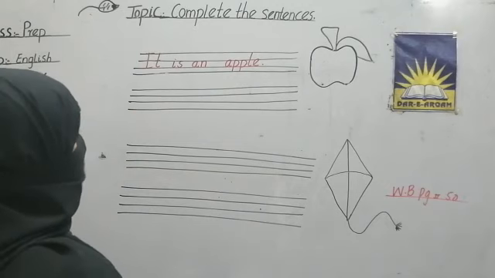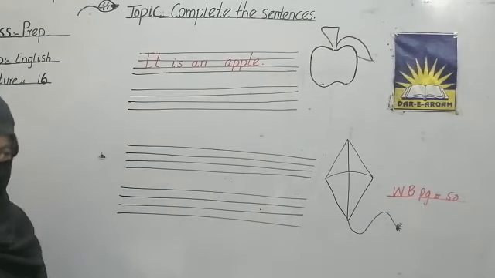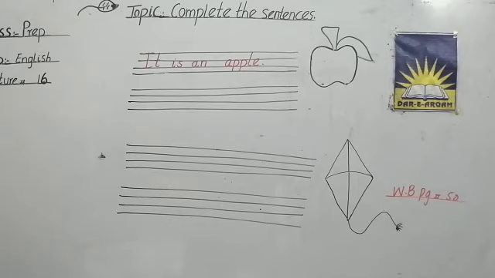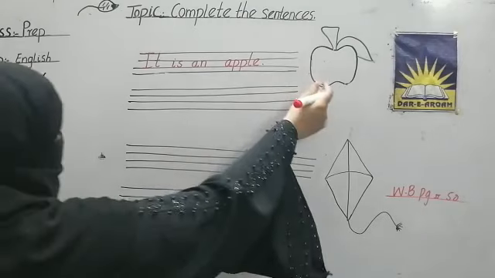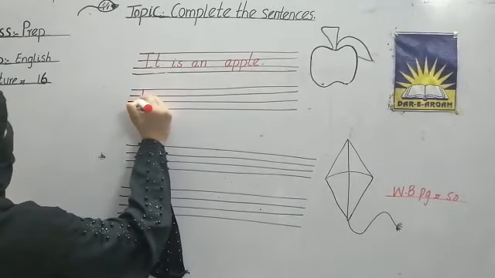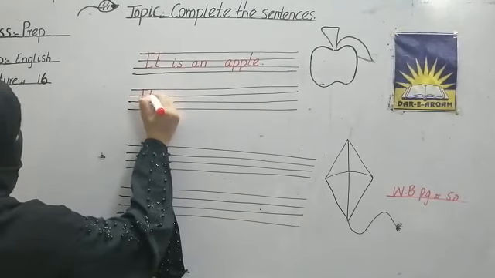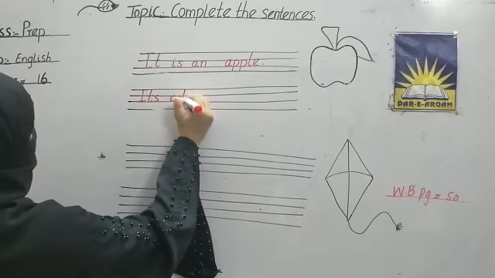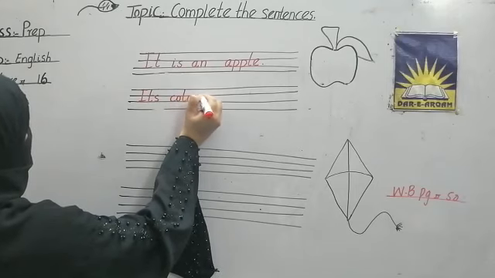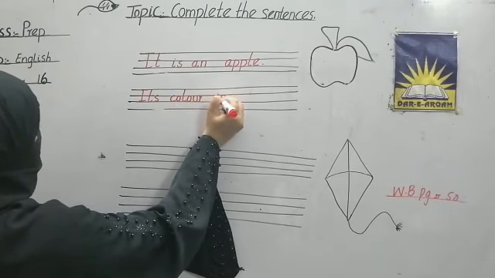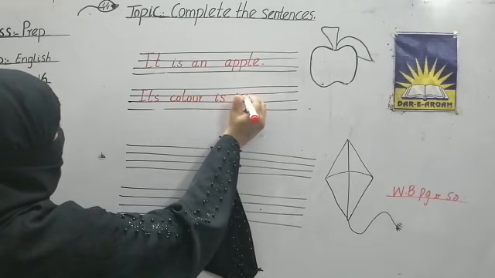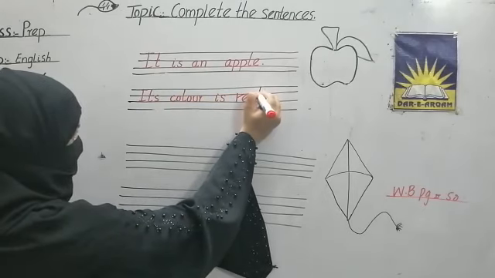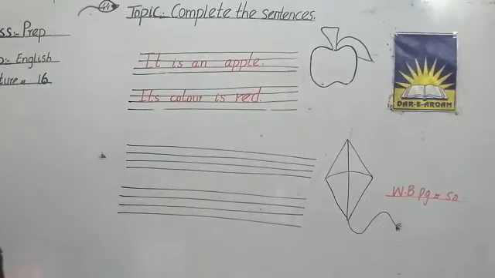Now student, tell me, what's the color of apple? Yes, good. Red. Its color is red. Good. Excellent. Okay.